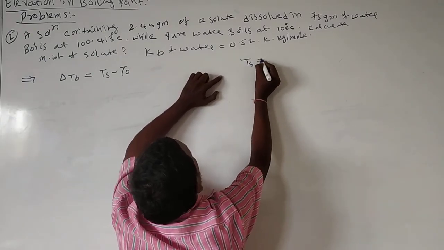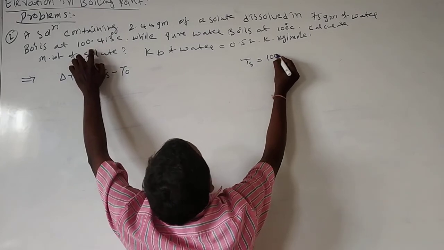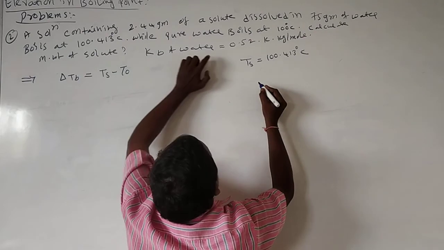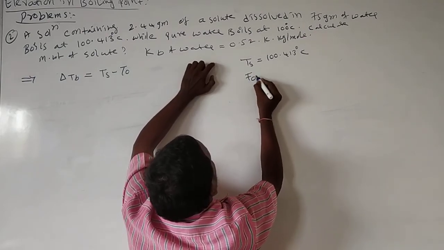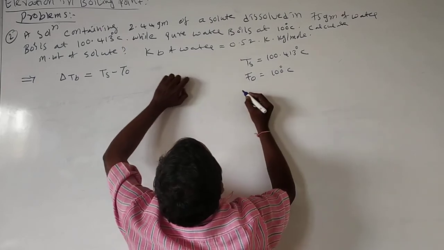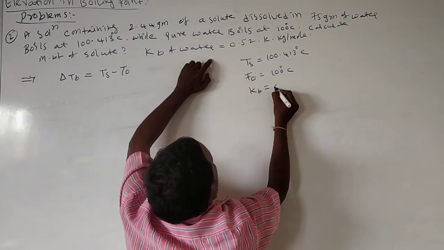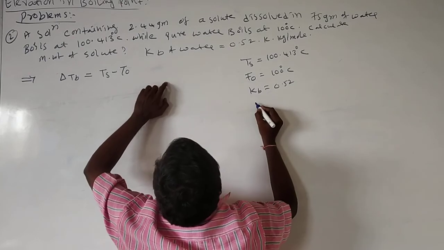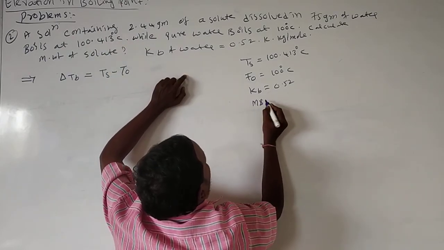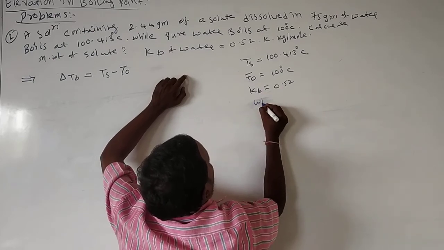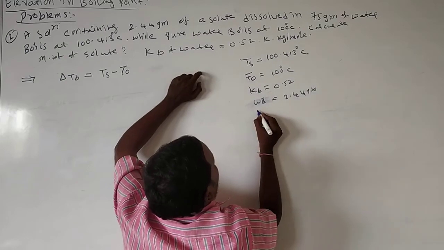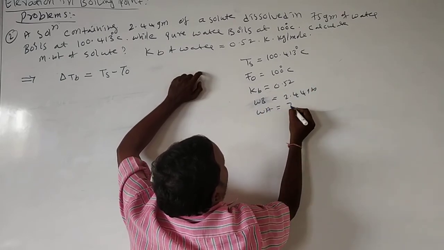Ts is equal to 100.413 degrees centigrade, T0 is equal to 100 degrees centigrade, Kb is equal to 0.52, Wb is equal to 2.44 grams, and Wa is equal to 75 grams.